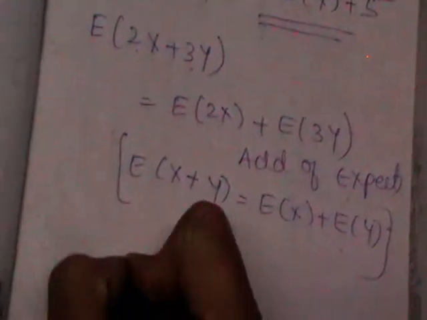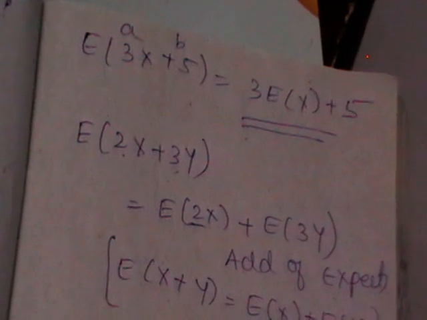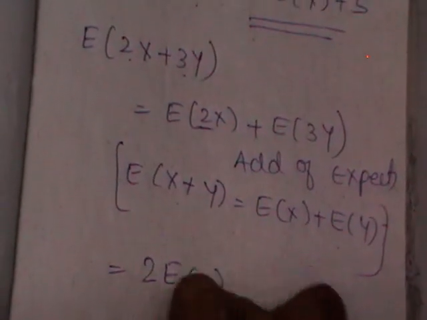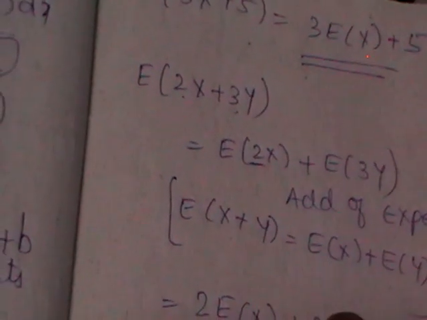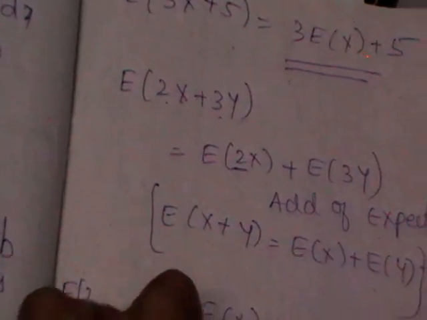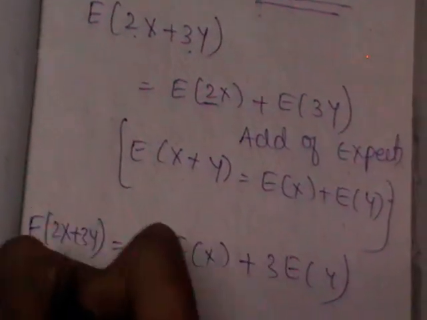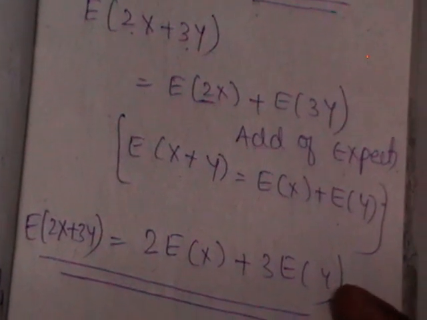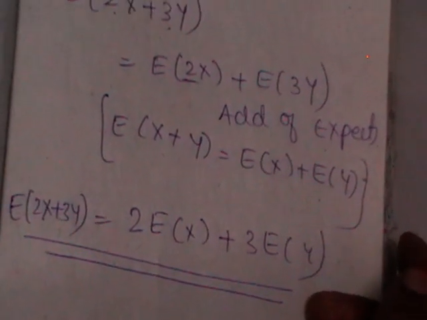So that will be E of 2x plus E of 3y. As 2 is a constant, 2 into expectation of x plus 3 into expectation of y. This is nothing but using the addition theorem. So these are the certain results on mathematical expectations. Okay, thank you.